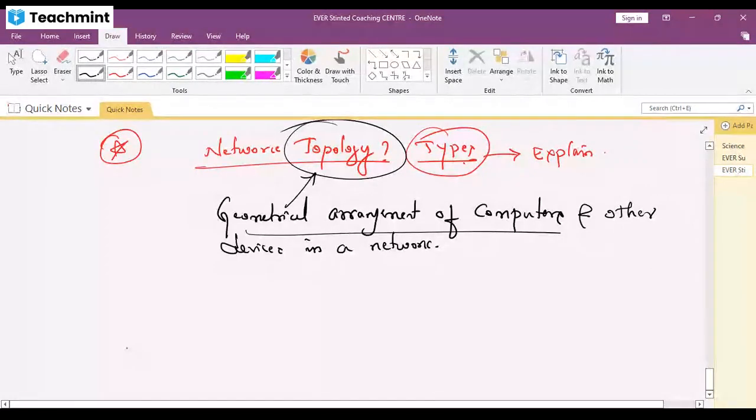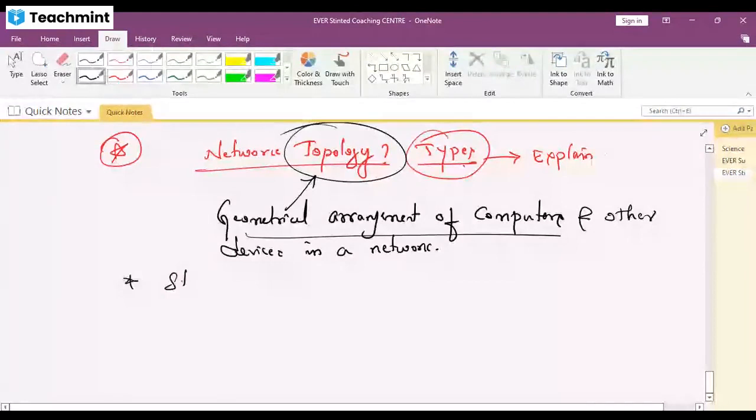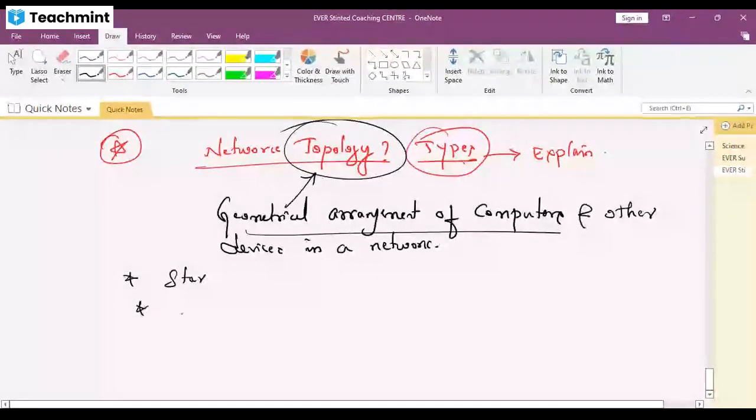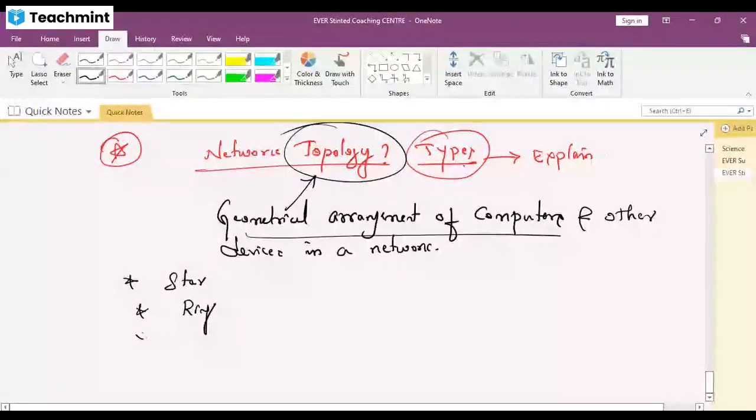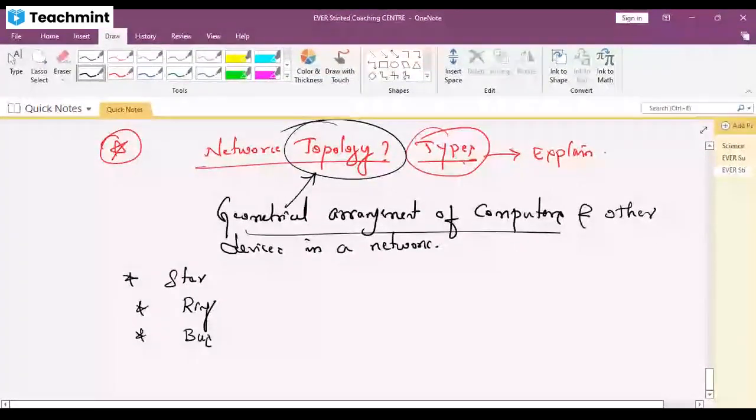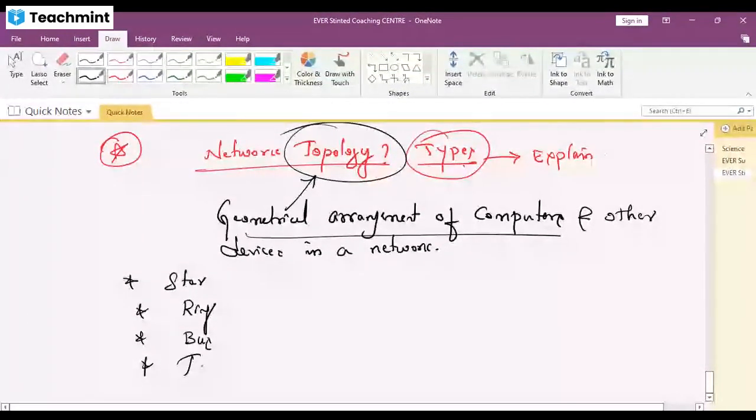Yes, sir. And different types of topologies are what? Star topology, ring topology, bus topology, tree topology, mesh topology, hybrid topology.